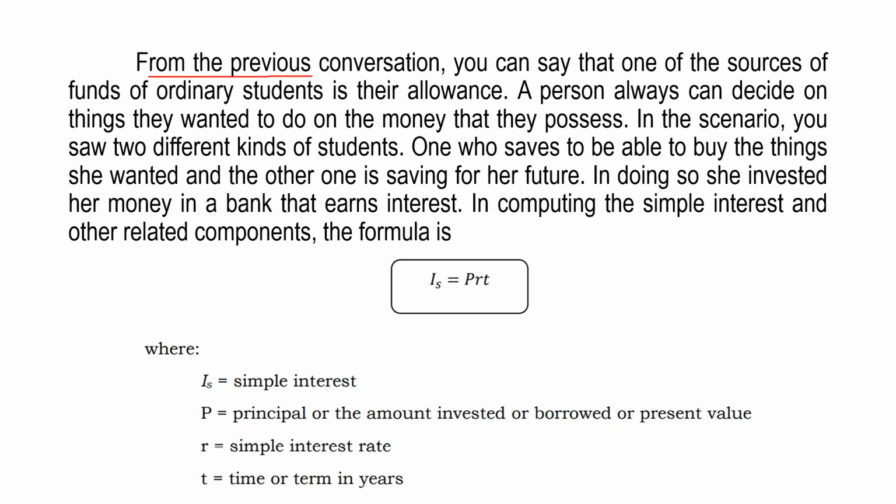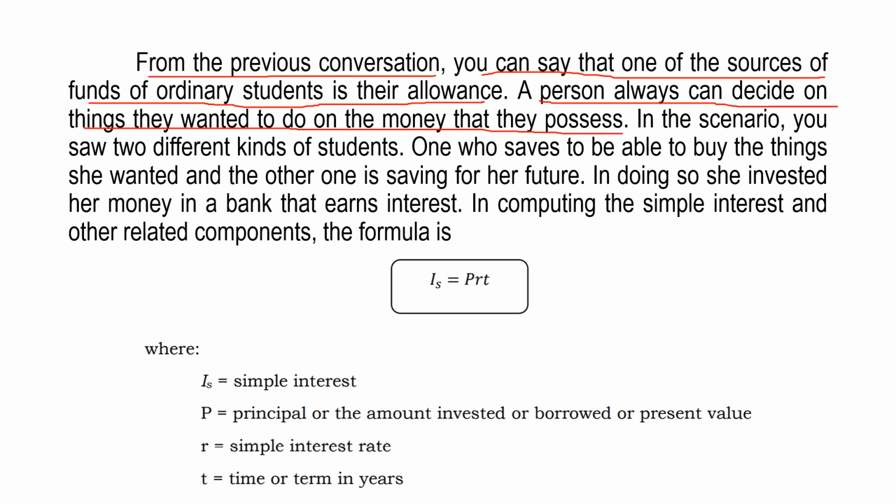So from the previous conversation, you can say that one of the sources of funds of ordinary students is their allowance. A person always can decide on things they wanted to do on the money that they possess. Yes, it is.